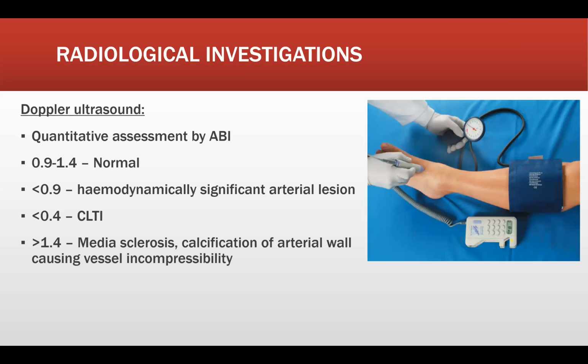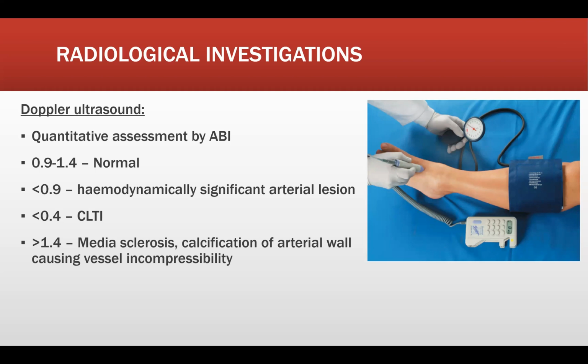Okay, and how do you actually measure the blood pressure? In the supine position. You should use a Doppler, a handheld Doppler. So it is not just using the cuff and stethoscope. Using the handheld Doppler, you should be able to measure the ABI. Okay, yes, continue.